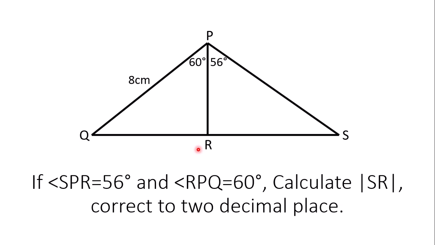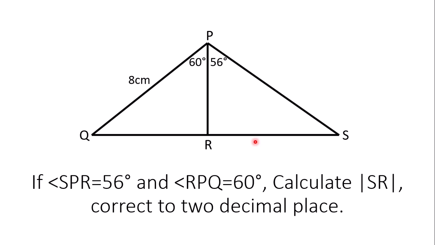Now, how are you going to do that? Well, first we will consider triangle PQR. With trig ratios, all the ratios have their formulas, so we will just find which of the ratios suit the triangle that we have chosen.